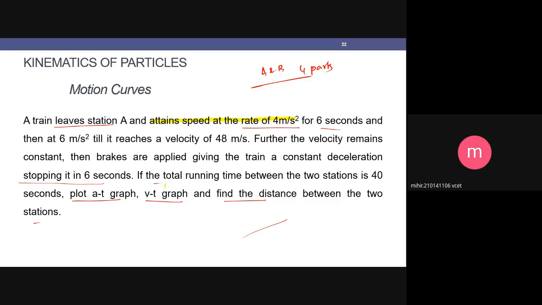Uniform acceleration. Why do you think so? Sir, because in this part the acceleration is constantly increasing up to 6. Acceleration can increase from 0 to 4 also, right? Yes, sir. Why is that not possible? So it's a variable acceleration.